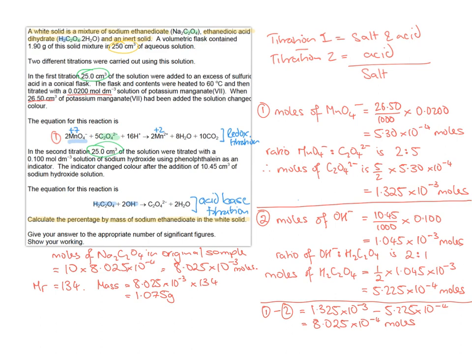This was 1.075 grams in the original 1.9. So our percentage is our actual over our maximum.